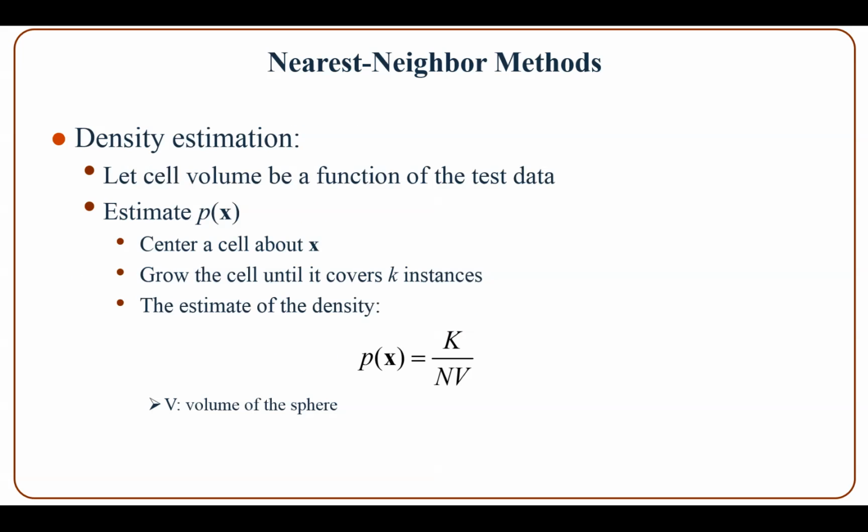Then the density p(x) can be estimated by centering a cell about the x instance, and then growing the cell until it covers K instances. As shown in the Parzen window method, the estimate of the density p(x) is given as K divided by n times V, where V is the volume of the sphere.